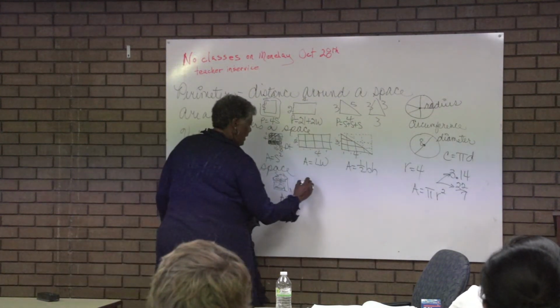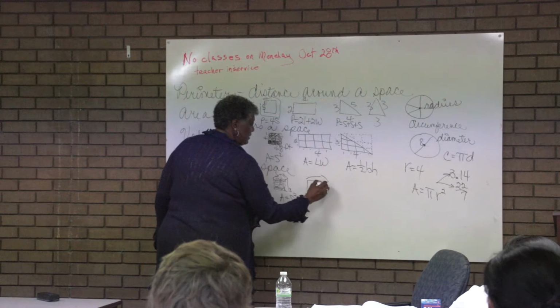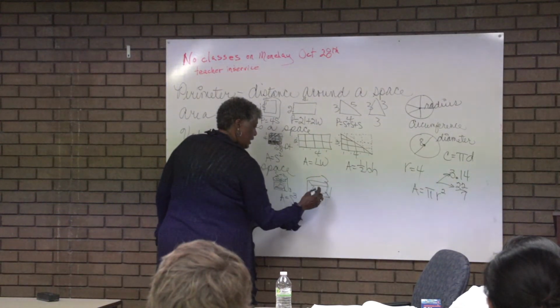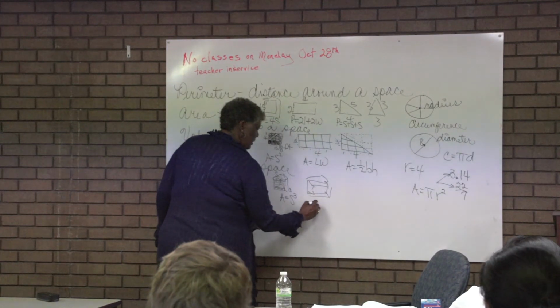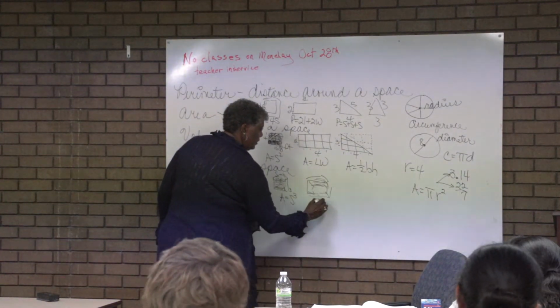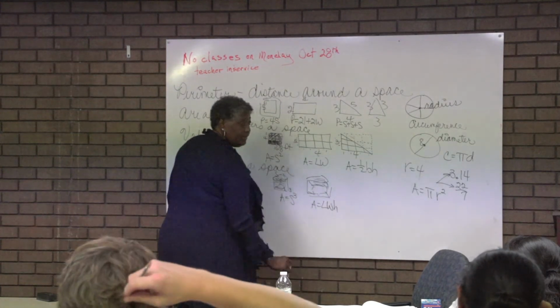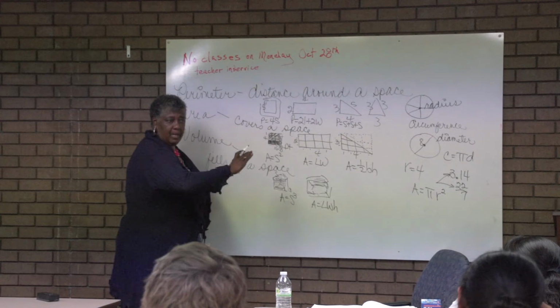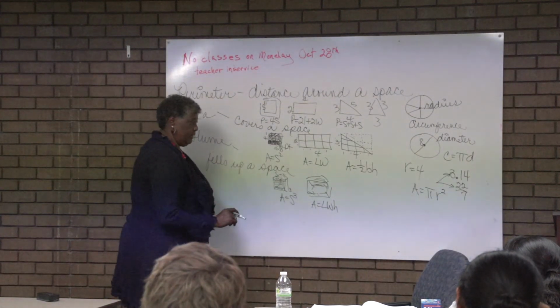For a rectangular solid, like in a box, it's going to be still that space all the way down. So it's length times the width times the height. That's all it is. The space all the way down.